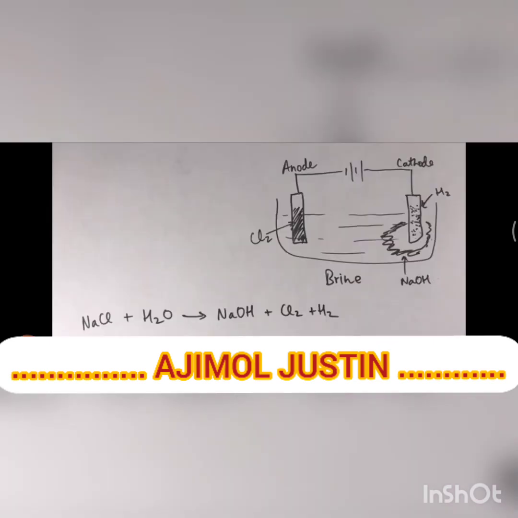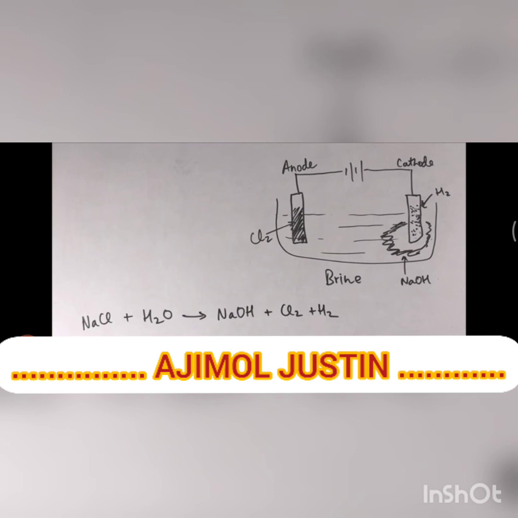Now this is a reaction in which sodium chloride aqueous solution is taken, NaCl plus water, and it is called brine, and electricity is passed through it. When electricity is passed, an anode and a cathode are there. Anode is positive in charge and cathode is negative in charge. In the reaction you can see sodium hydroxide, chlorine and hydrogen are released.